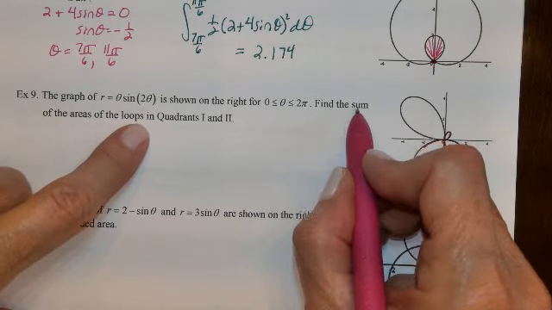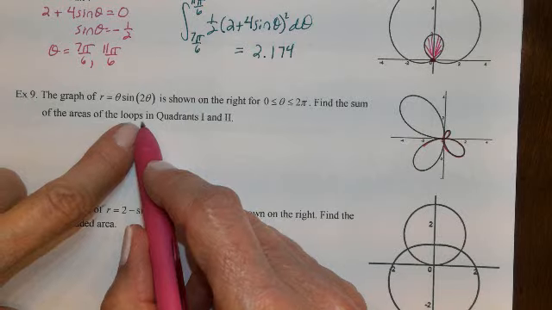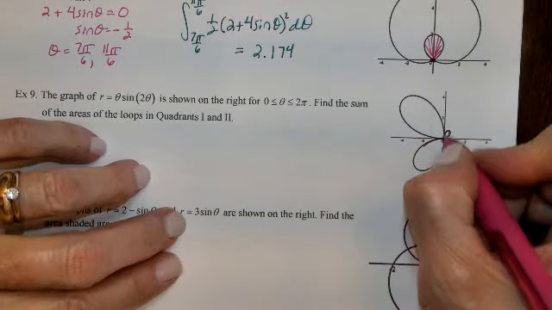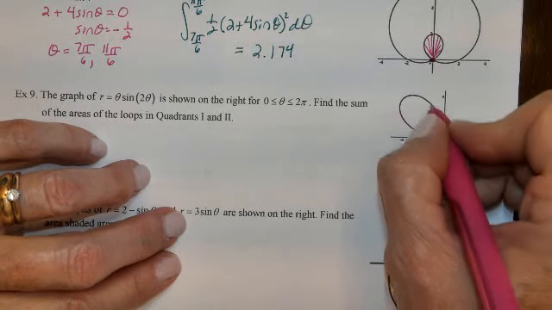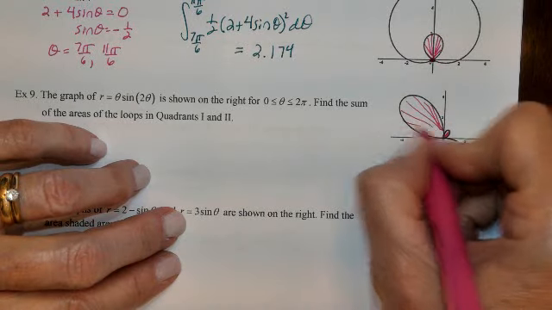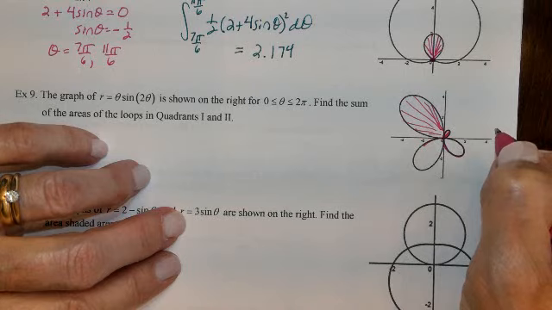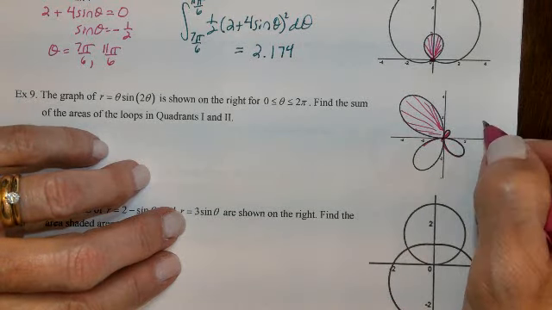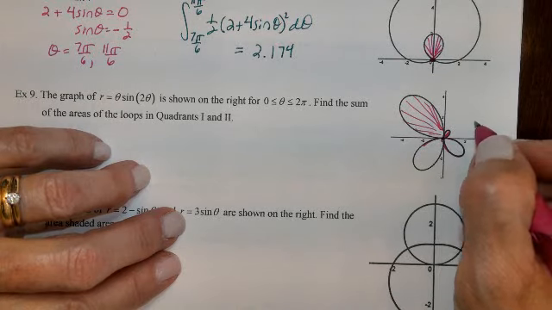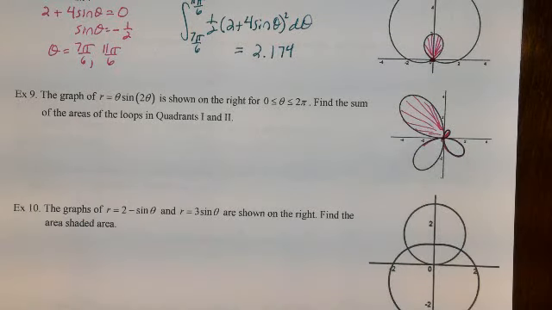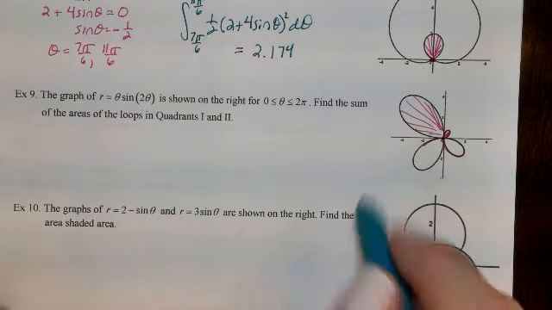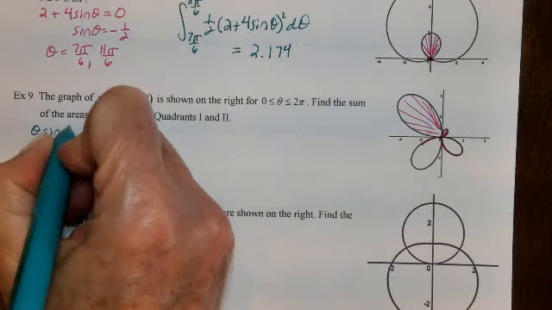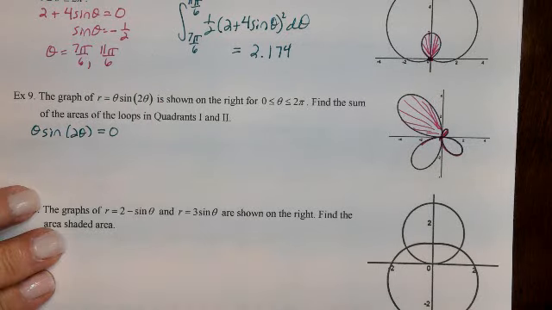We want to find the sum of the areas of the loops in quadrants 1 and 2. Yikes. We want to find this area plus this area. Okay? So we need to know the theta values that form that. Well, let's first begin by finding the theta values that make r 0, because that's going to have to be done. So theta sine 2 theta, set that equal to 0.